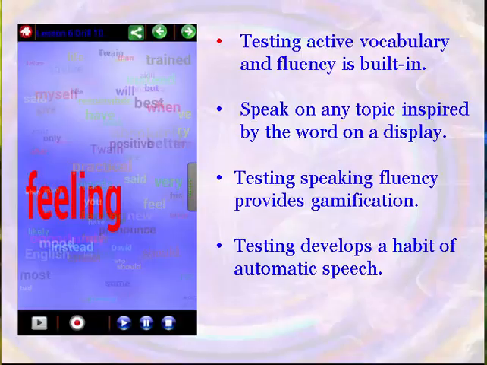The built-in reading and speaking fluency tests, along with testing of active vocabulary, provide gamification elements that younger learners are accustomed to from the games they play on their devices for hours. This drill helps learners develop the habit of automatic speech by thinking directly in English.